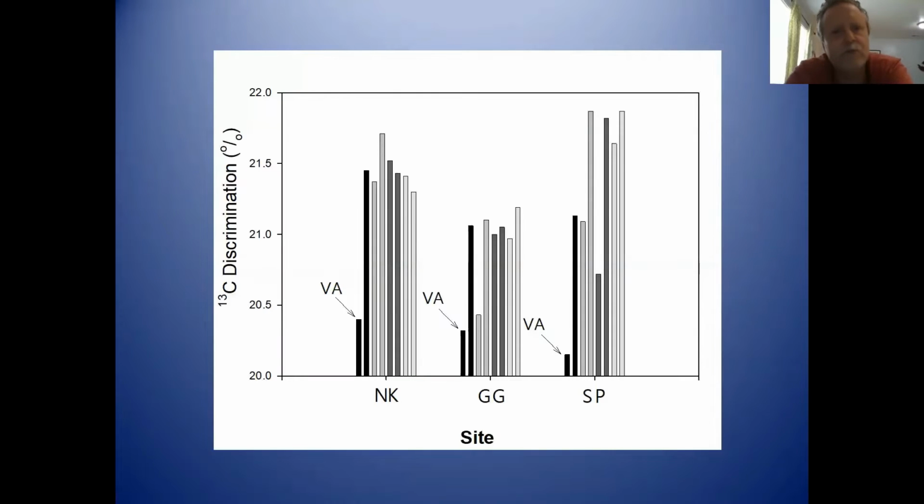The Virginia seed sources have the lowest discrimination on each site by far in most cases, and this is all statistically significant. I'm trying to understand why. Most of the other seed lots come from collections of 50 trees from the different areas, and the Virginia ones only come from 10 trees in a very small area.